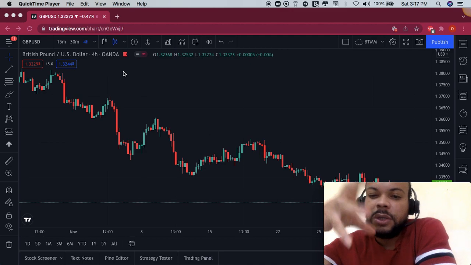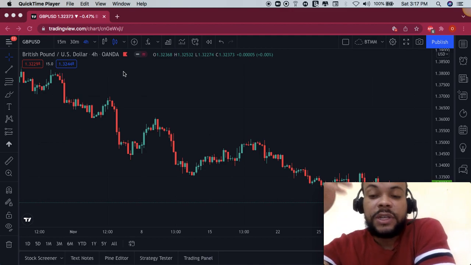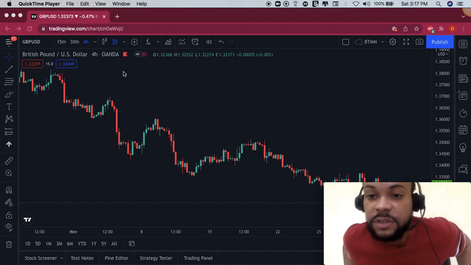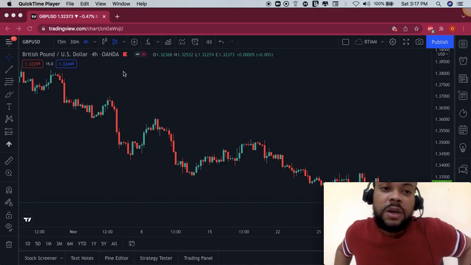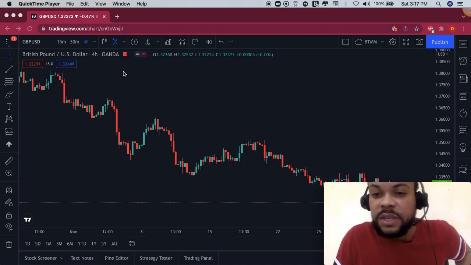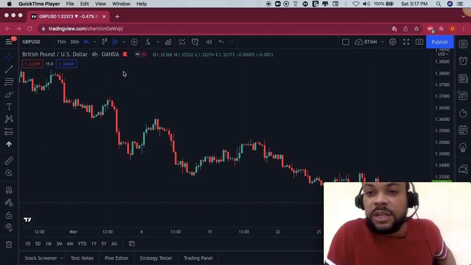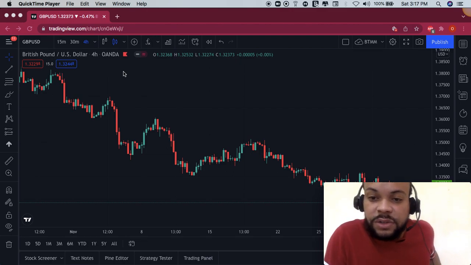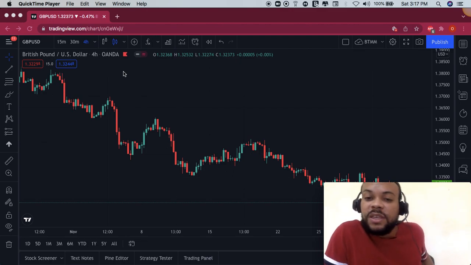Let me give an example. GBP USD is usually more active during London session and New York session. So if you're only available to trade during Asian session, you're not really going to get a lot of movement and a lot of volatility that you need to trade. These are the things that you need to be aware of.